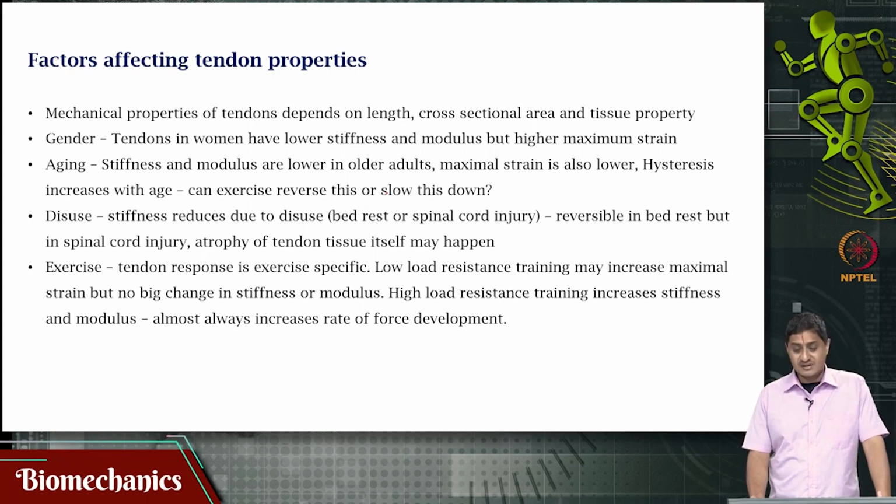Then the cross sectional area of the tendon also affects the properties, and the health and property of the underlying biological tissue itself also affects the mechanical property of the tendon. Okay. Some factors that are usually discussed in these kinds of discussions are gender, aging, disuse, exercise.